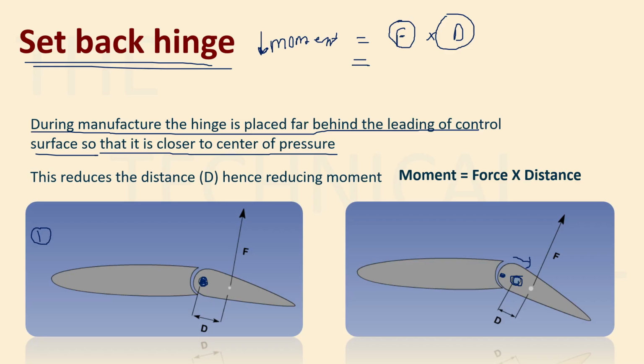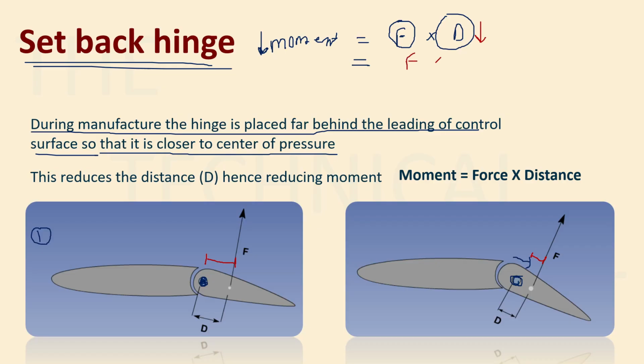So the distance d has reduced. Obviously, because we take the distance from your hinge to your center of pressure. This is the distance, and here, since the hinge is here, this is the distance. This distance has reduced, and hence our total moment is reduced.